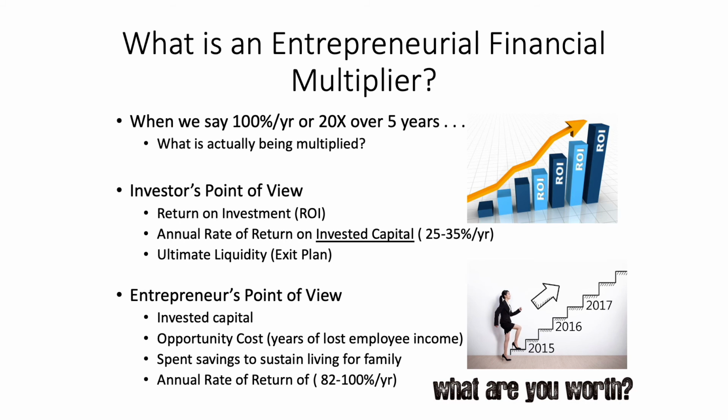But if we want to make the numbers make sense and come up with some way to quantitatively describe what the multiplier is, we have to ultimately describe the initial investment in terms of hard dollars. And this is not as difficult to do as it might seem.